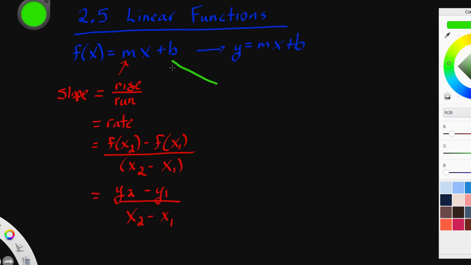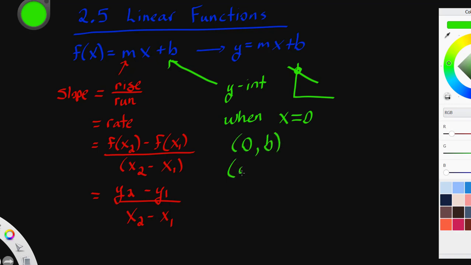Now, what b is, is the y-intercept. If we look at a graph, right here where it hits the y-axis is the y-intercept. This always occurs when x equals 0, and it's always going to correspond to the point 0, comma b, which would also be 0, comma f of 0, since f of 0 is what we would get if we plugged 0 into our function.